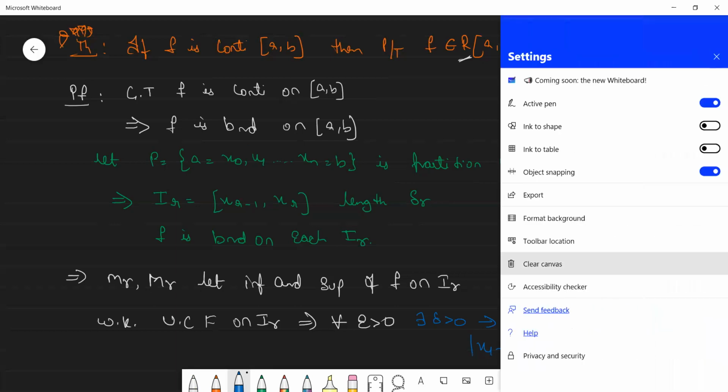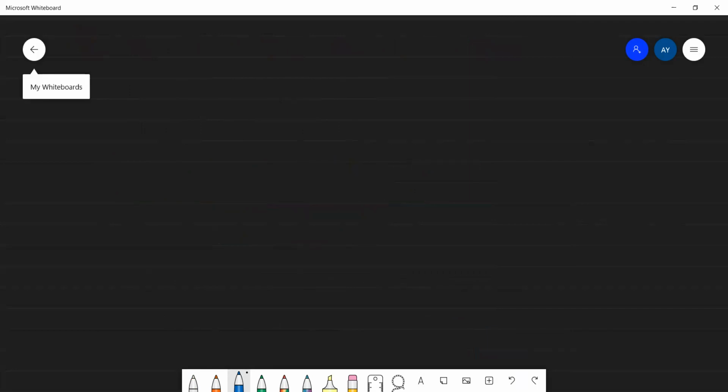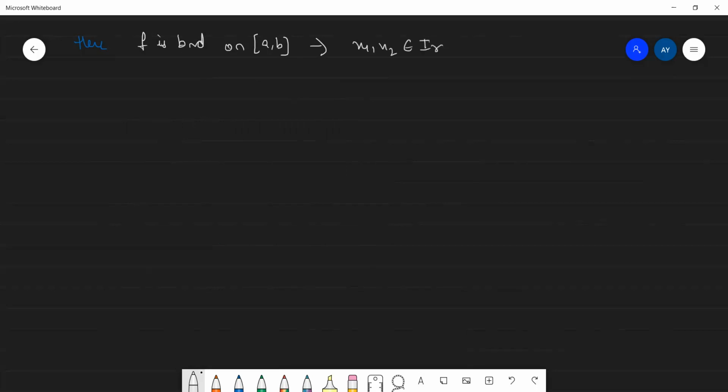Next, moving on to the next step, here we already know that f is bounded on the closed interval [a, b], right? f is bounded on the closed interval [a, b], and we have to take this in such a way that there exist some x1, x2 belonging to some subinterval Ir.